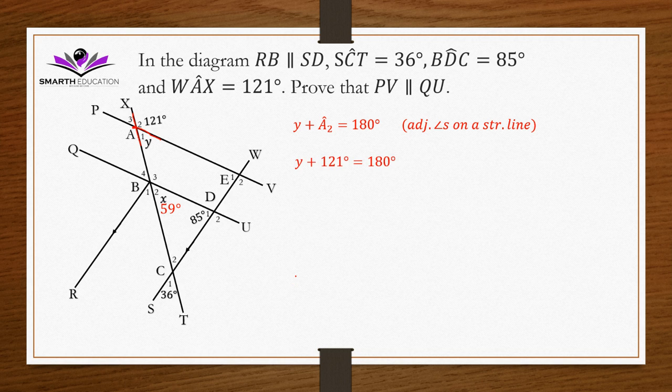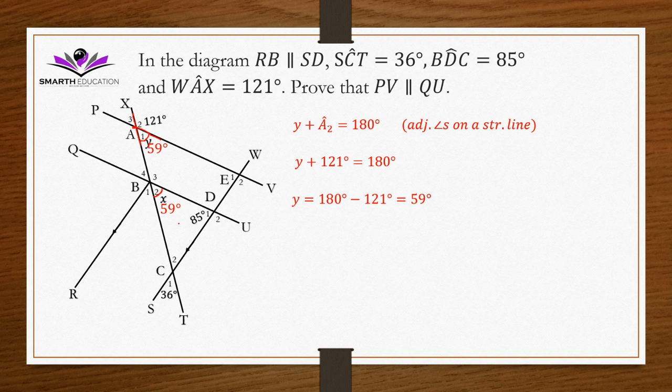A2 is 121, so angle y is equal to 59 degrees. So this angle is 59 degrees there. And then this angle and this angle are equal and they are corresponding angles. So if the corresponding angles are equal, then the two lines PV and QU are what? Parallel, because our line XT there is the transversal.